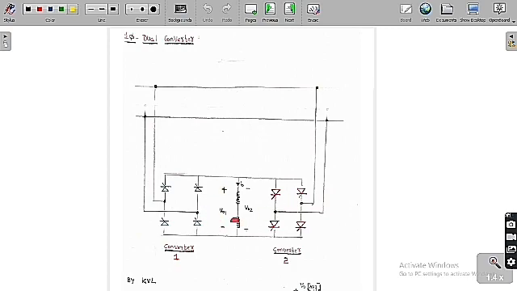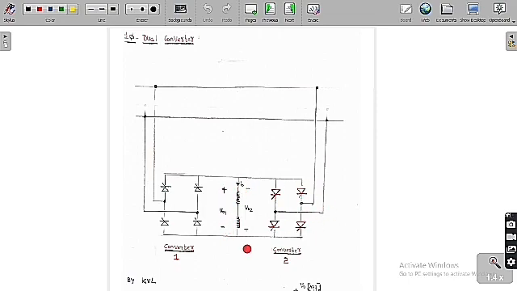Now suppose we keep a load in between these two circuits. Let me assume the load is some RL load. Because of this bridge, the output voltage will be plus or minus V01 and the output current is I0.